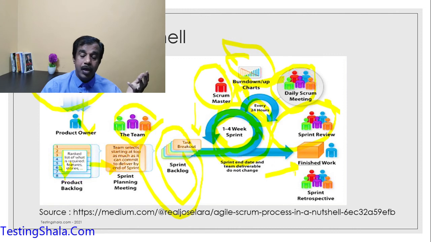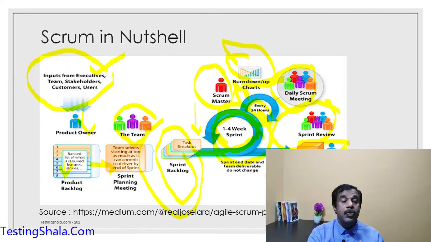Once the sign off is done, a sprint retrospective meeting is also held, to identify any loopholes, gaps or lessons learned that can be done in a better way in the next sprint. This is how, in a nutshell, Scrum works.